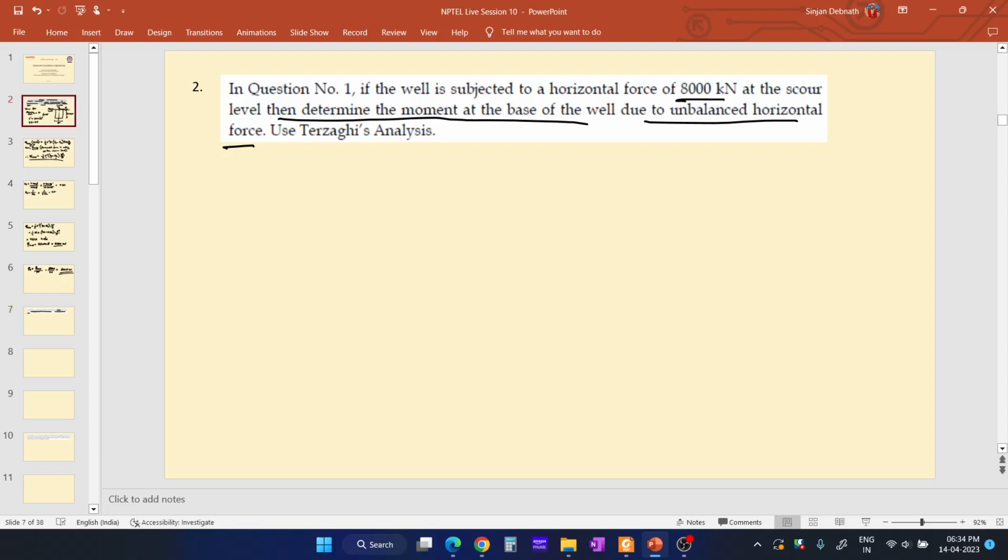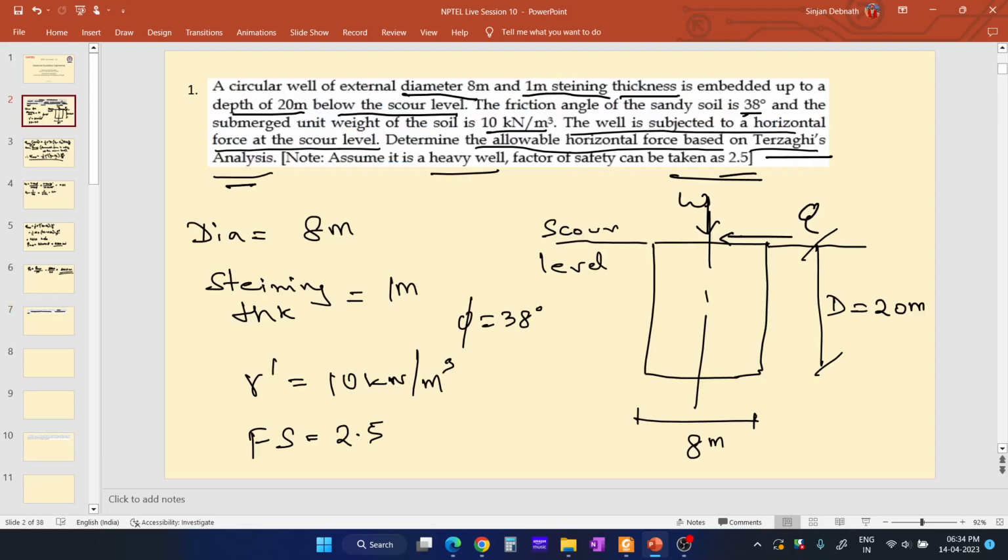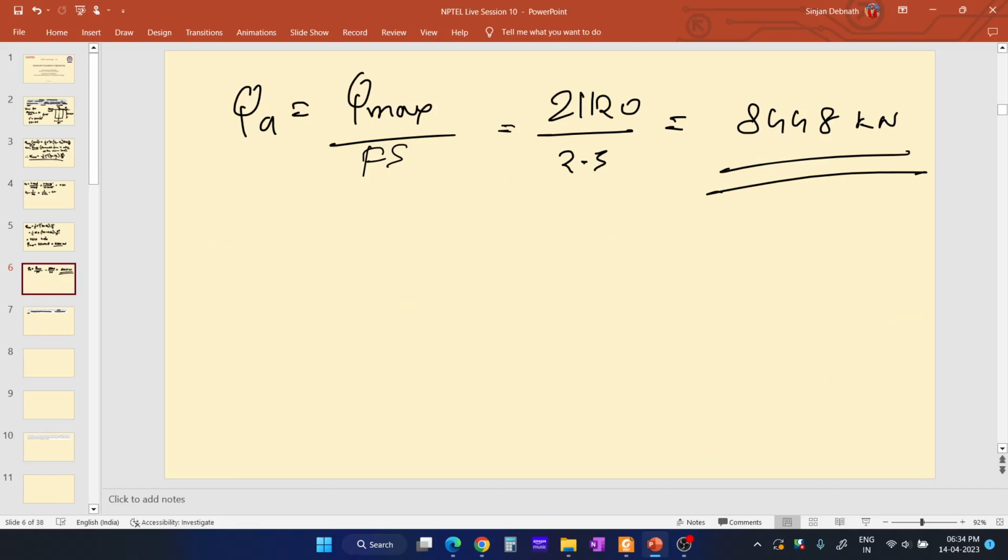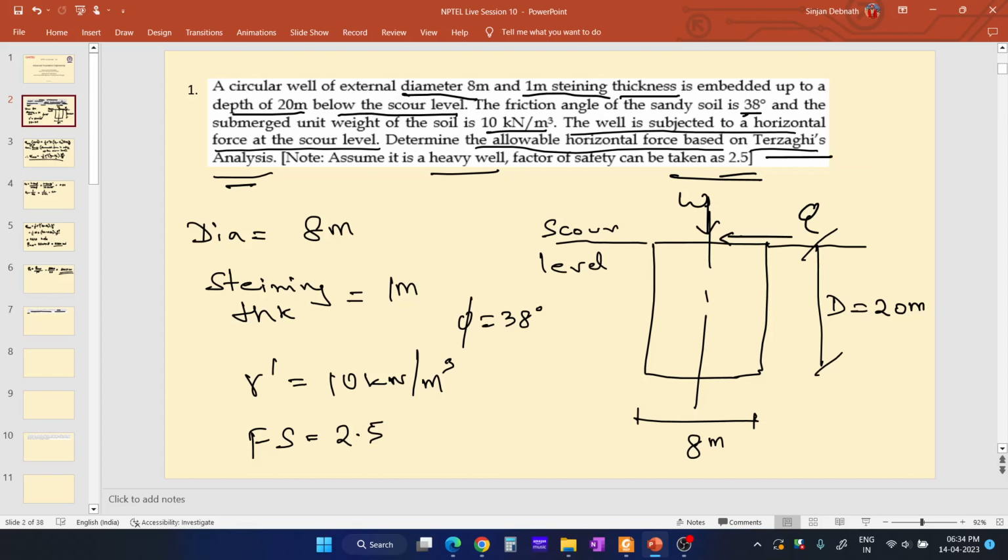In the previous problem, that is question number one, we have determined the allowable horizontal force. Here it is 8448. This is the maximum allowable horizontal load based on the Terzaghi analysis.